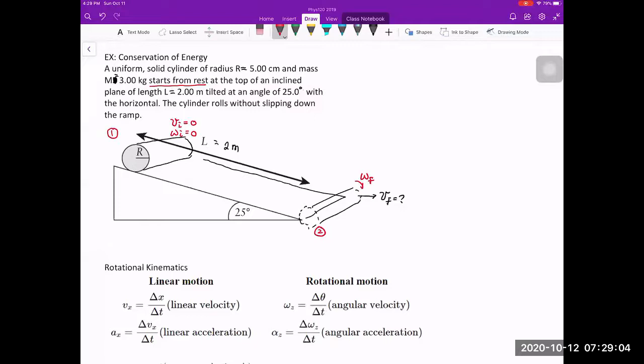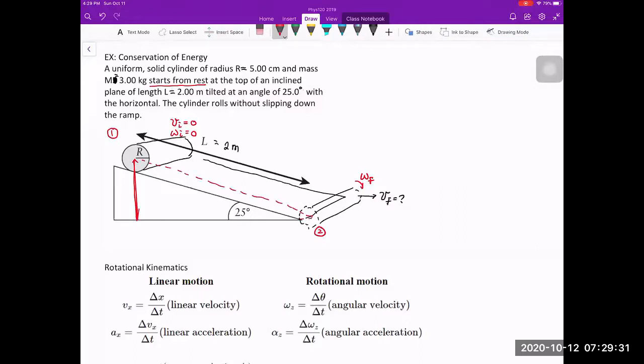Okay, now what else? You can see there's a height difference. So what is the height difference going to tell you? Well, when this one rolls down, you are going to drop a certain height. This is going to be the drop of the height. And how much is the height drop? Then you look at this triangle here.